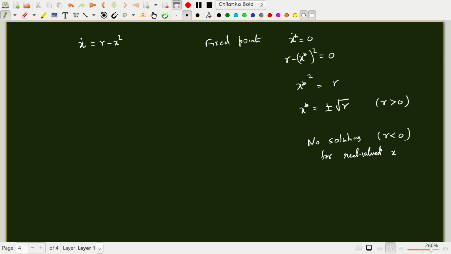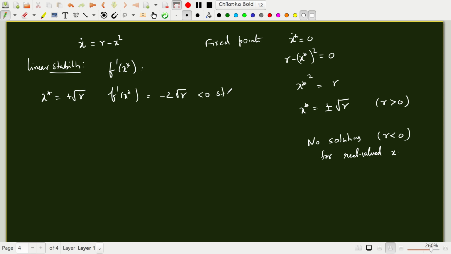Okay. Now if you do a linear stability analysis, we have to just find out what is f prime of x star. Now x star is, let's say, plus root R. Now f prime of x star is minus 2 root R, so this is less than 0.